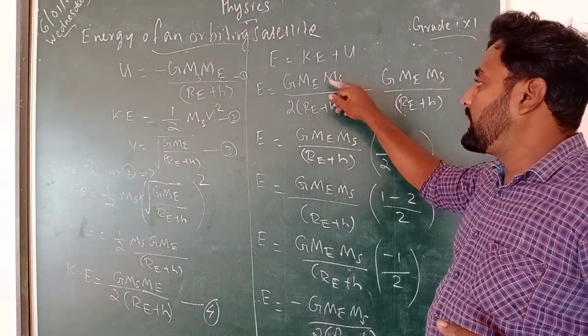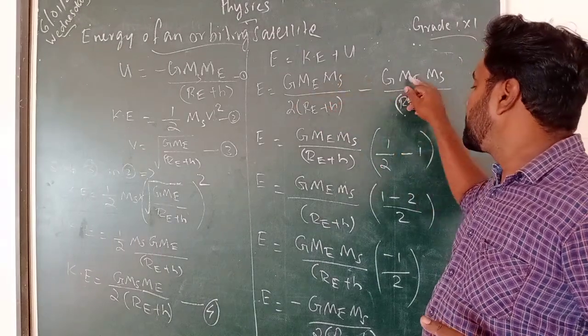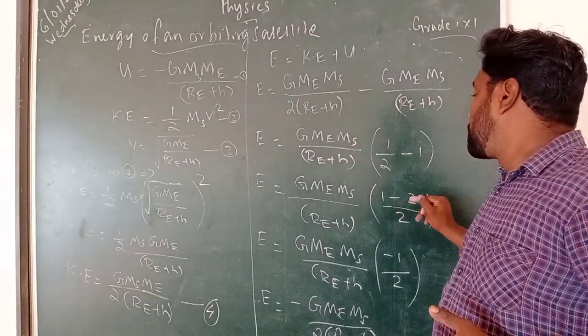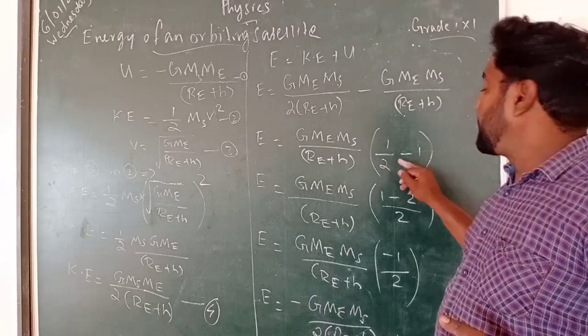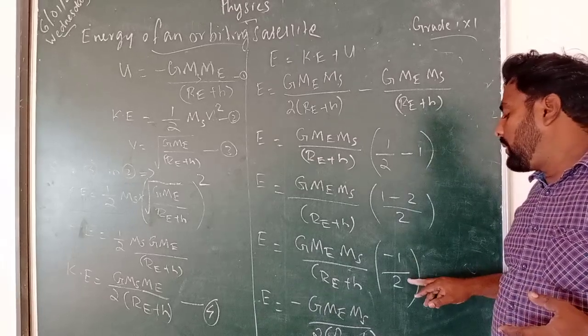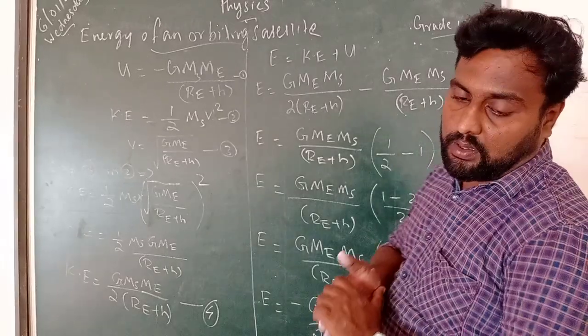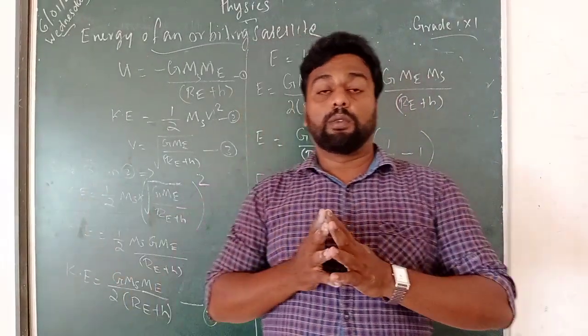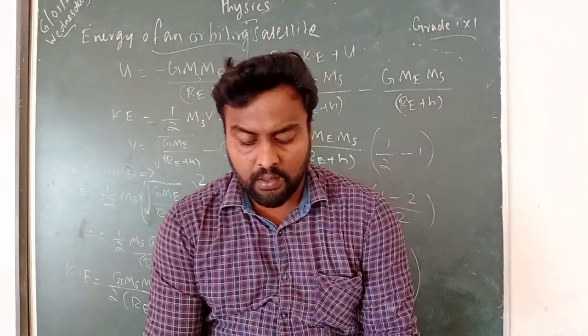Inside the bracket, 1 by 2 minus 1, taking the LCM, 1 minus 2 by 2, so minus 1 by 2 comes out. That is the energy of an orbiting satellite.